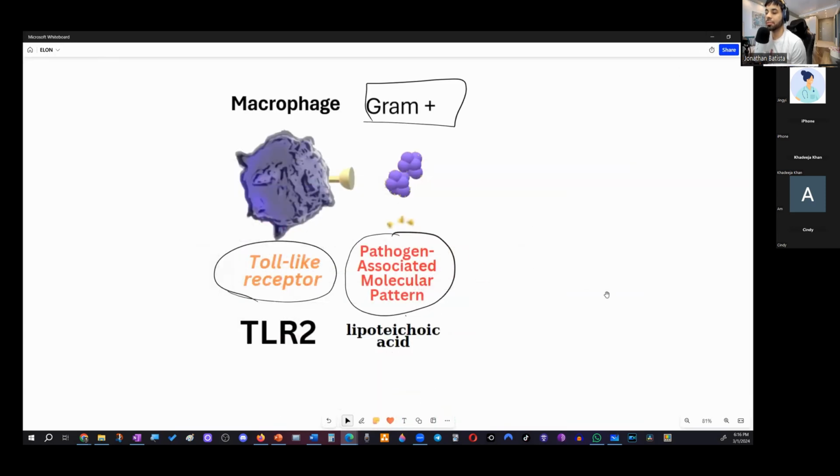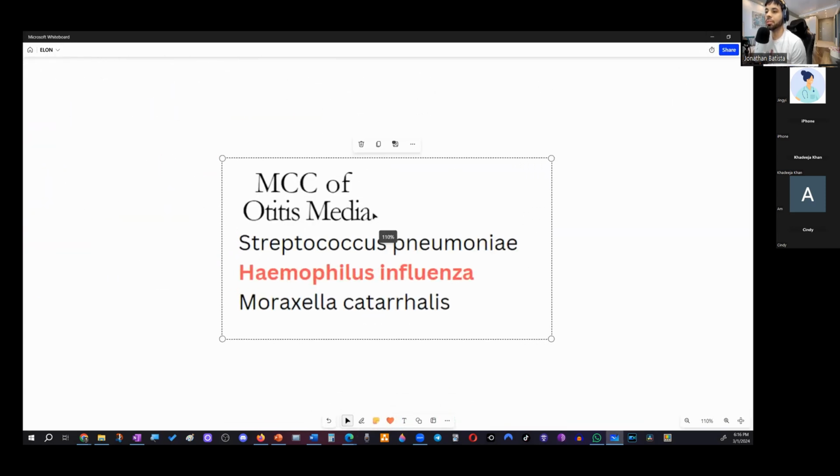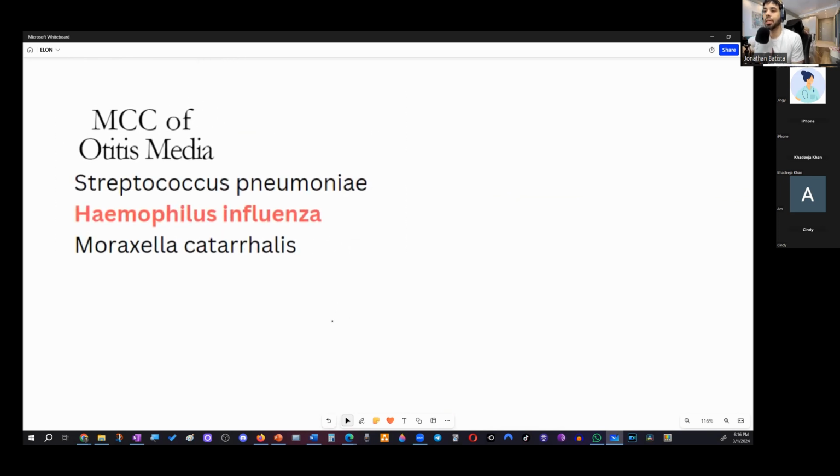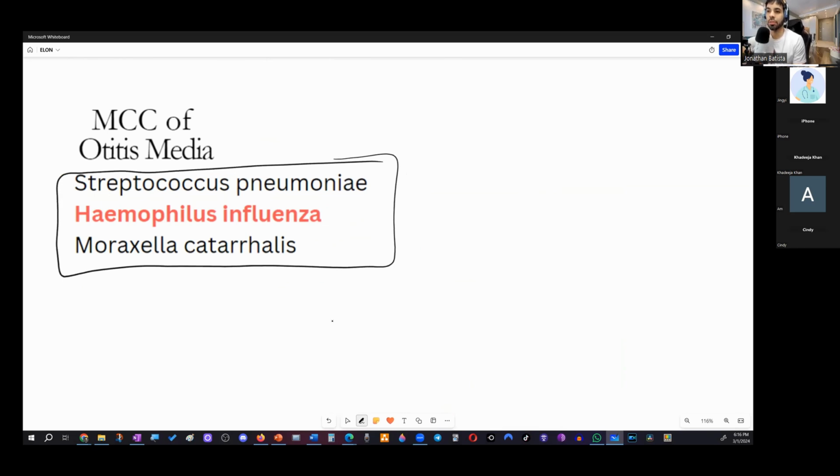This here can also cause rhinosinusitis, most common, and it's the same three in that order, right? Sinusitis, same type of pathogens are involved. This is all in order of common. Whenever I make a list, I like to put it in most common to least common, that way it's easier to remember.